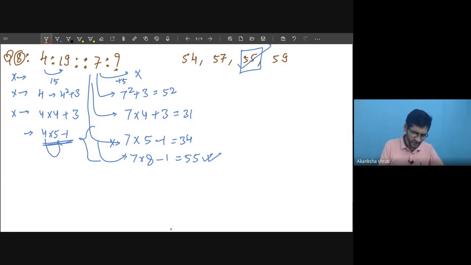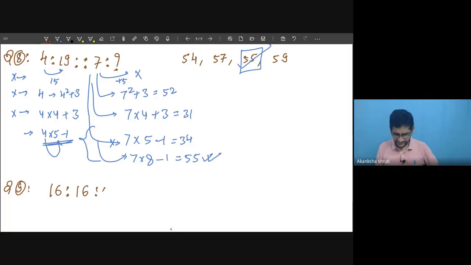Student, do one more question. Question number 9. Take 16 is to 16. Then what is to 64? In option, you are not given 64.